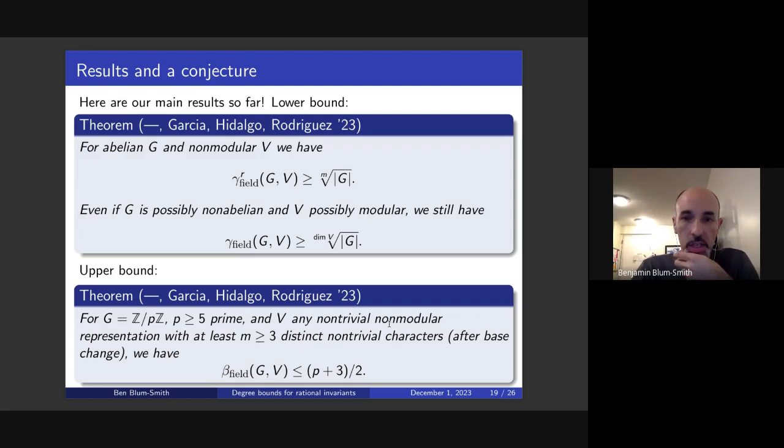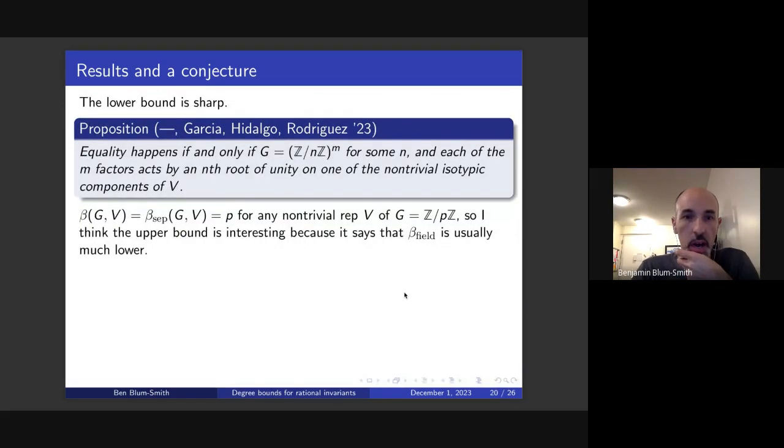So this is interesting because I'm going to skip this comment about the lower bound. The upper bound is interesting because the classical Noether number and the separating Noether number never go below p in the non-modular case for Z mod PZ, at least for a field containing the pth roots of unity, for any non-trivial rep.